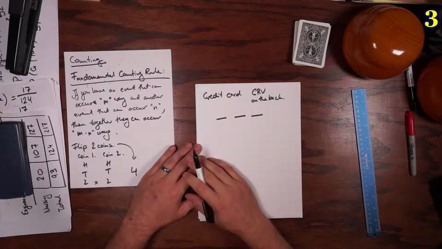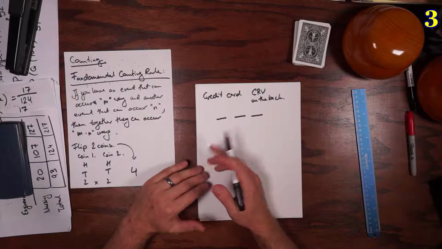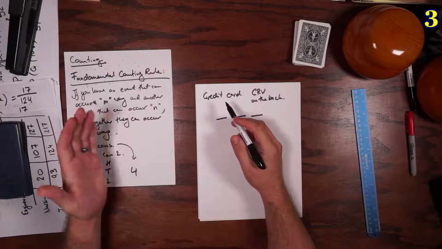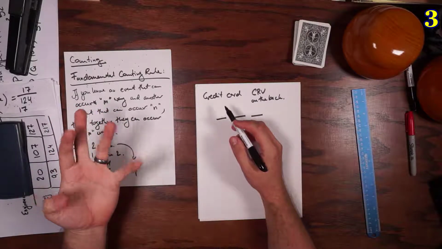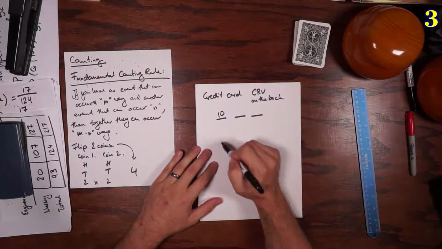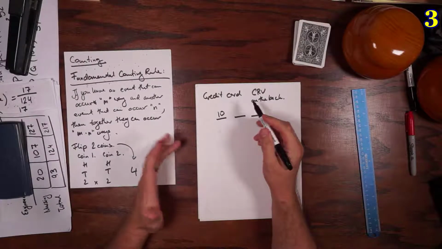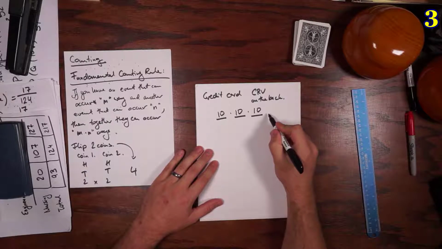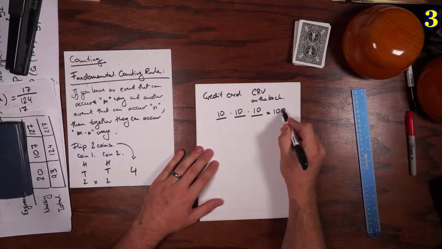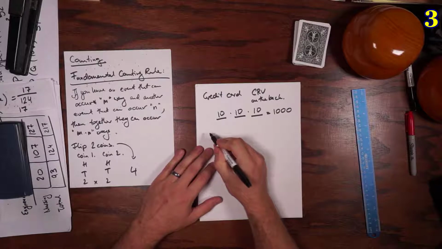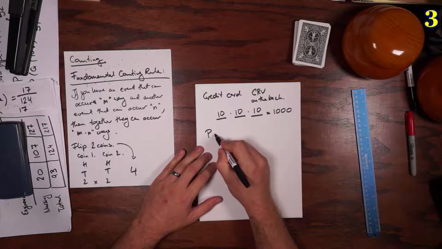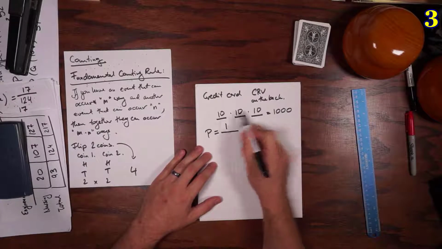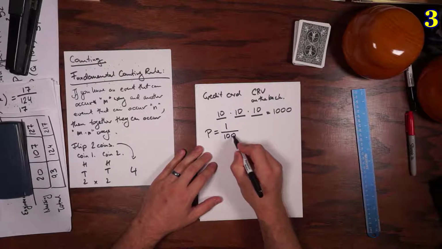So, well, let's see. It's a 3-digit number, and I have a bunch of options. How many options do I have for the first one? Well, it could be 0, 1, 2, 3, 4, 5, 6, 7, 8, 9. There's 10 options here. Second number, still 10 options. Third number, 10 options. Which means that altogether there's 1,000 options for it. So if I was going to guess, the probability of getting it right is 1 out of 1,000.